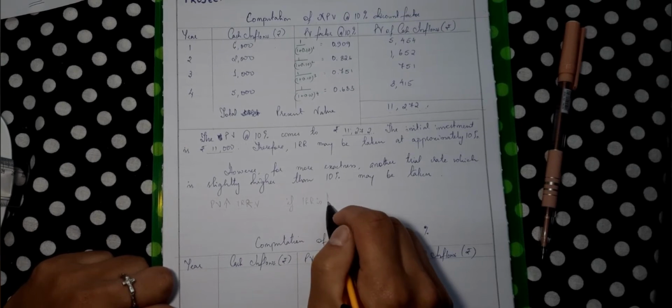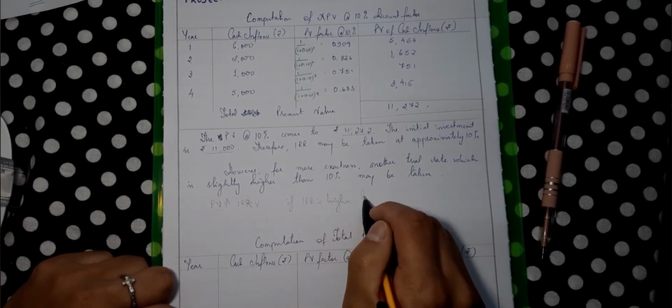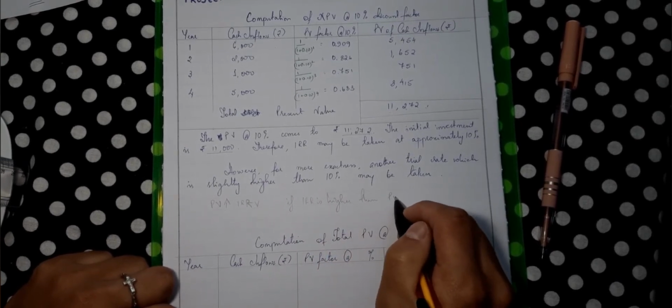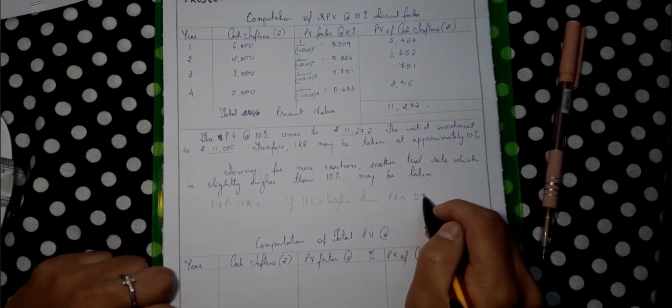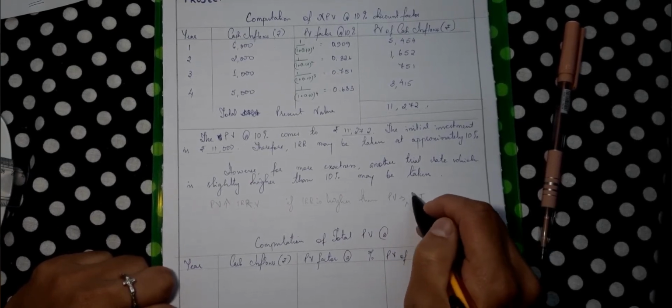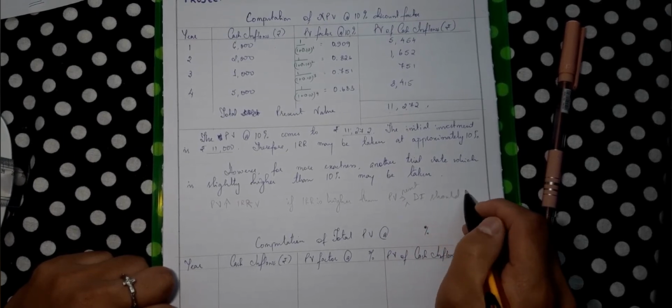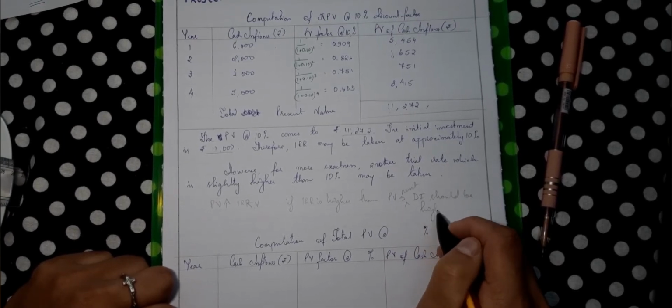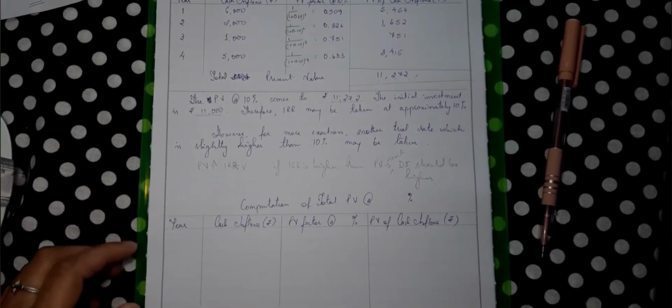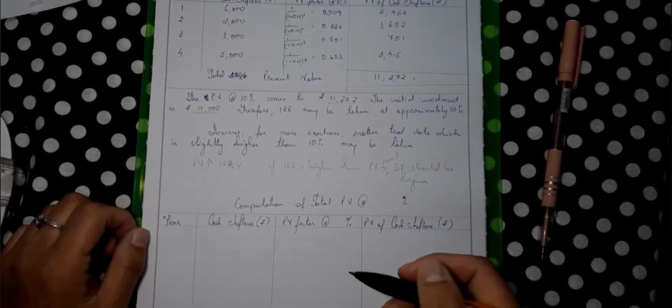if IRR is higher than the present value, then that means the discount factor should also be higher. And the opposite applies in case the present value total is lesser than the IRR.